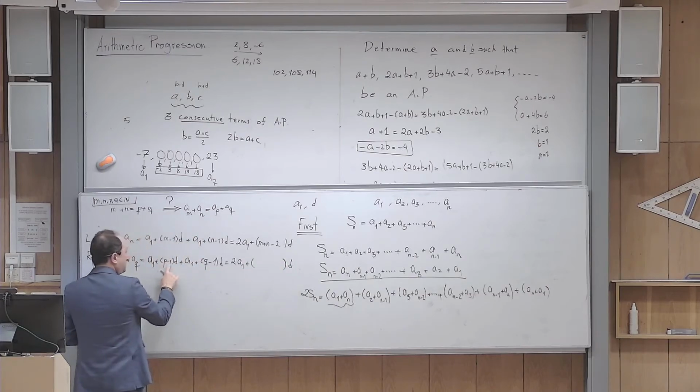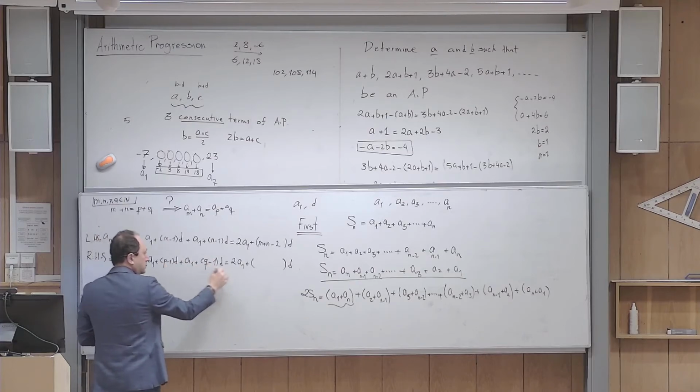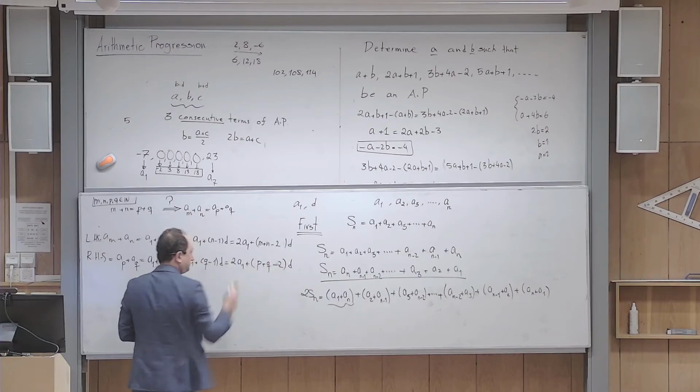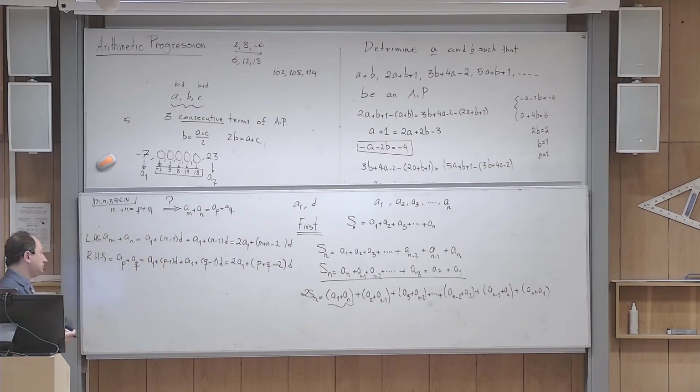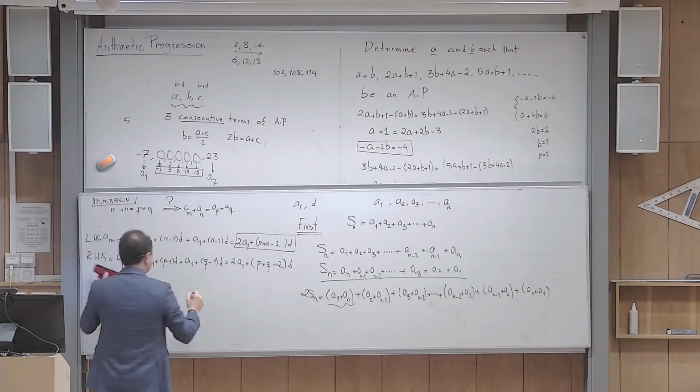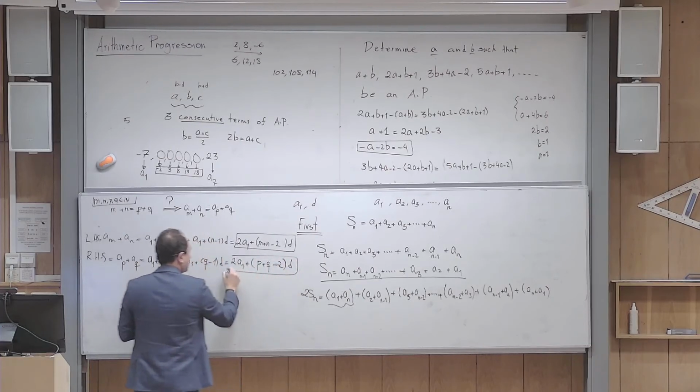So this becomes P minus 1 plus Q minus 1. So it becomes P plus Q minus 2. Yes? So this is the formula I got for the left-hand side, and this is the formula that I got for the right-hand side.